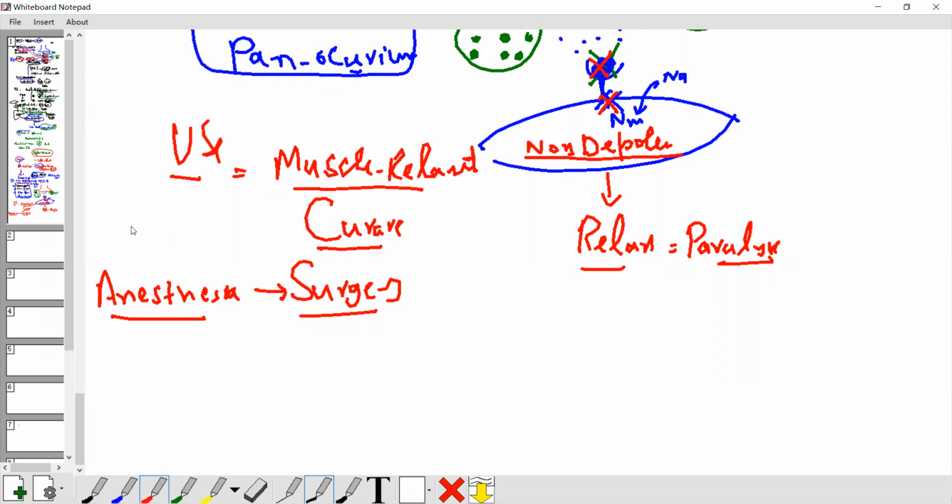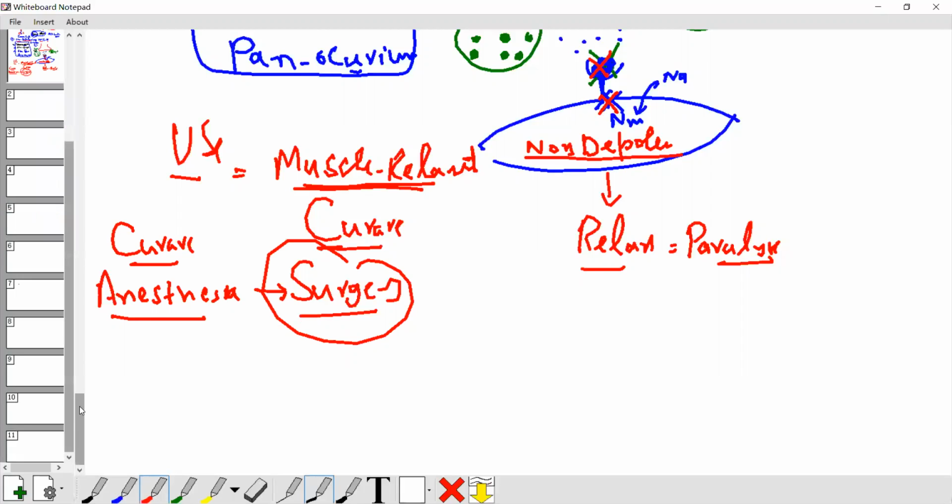So in anesthesia, we are using the Curare family, to relax some muscle, so it is very easy to perform surgery. And after surgery, when you close the skin and stitch the skin, there's no muscle contraction. The skin will be approximated very easily. The stitches can hold the skin. So in surgery we use muscle relaxant. These muscle relaxants we mostly use in surgery.